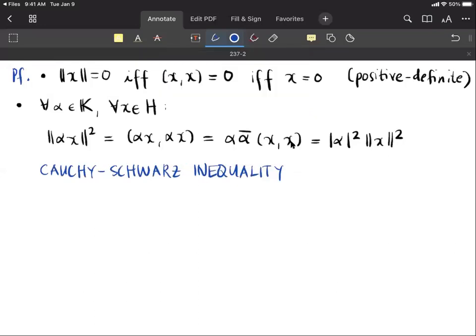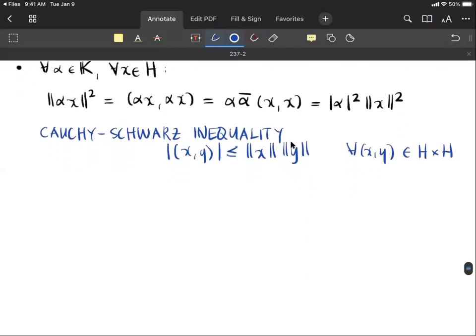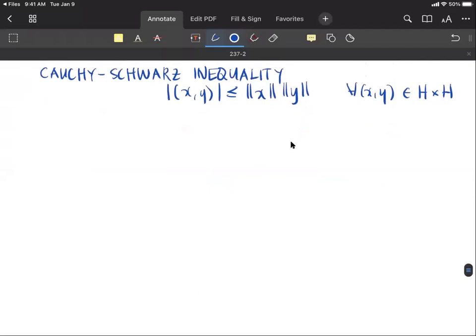So the absolute value of the inner product is less than or equal to the product of the corresponding norms, for all x, y in H cross H. For the moment, accepting this inequality, we can prove the triangle inequality.